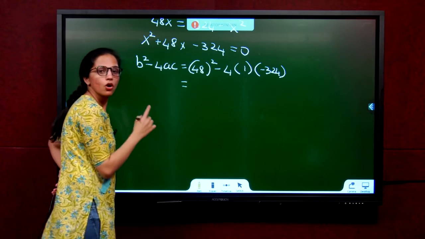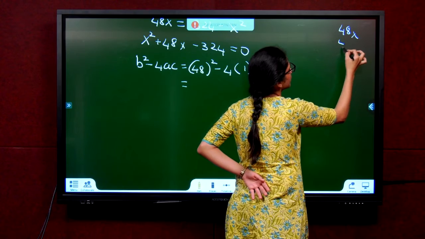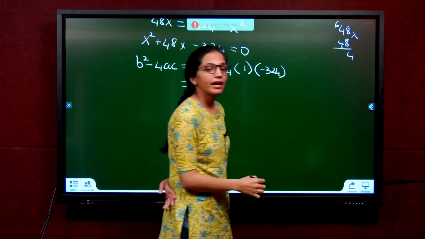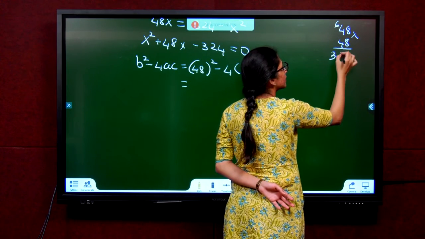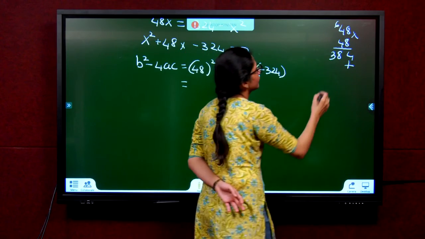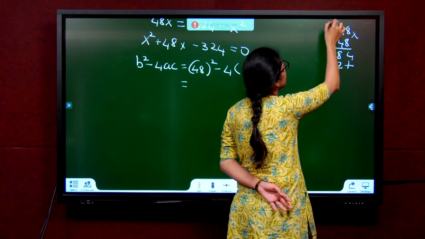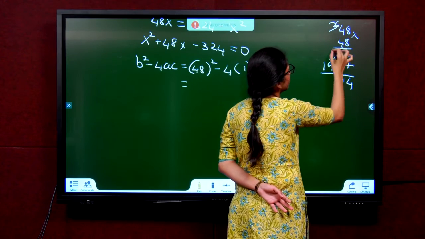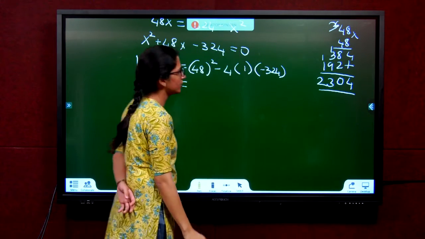Is equal to 48 square. 48 into 48. 8 8s are 64. 8 4s are 32. 32 plus 6, 38. Plus 4 8s are 32. 4 4s are 16. 16 plus 3, 19. So 2304.